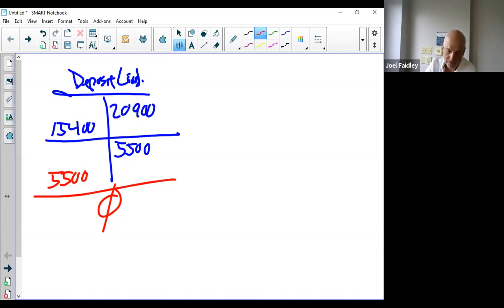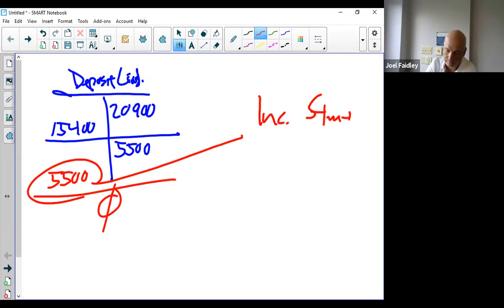And so that $5,500 is going to where? It's going to my income statement as revenue. And then I've got the cost of goods sold, right? I don't remember how much that was.